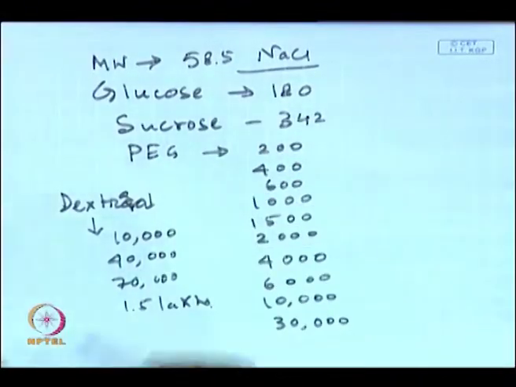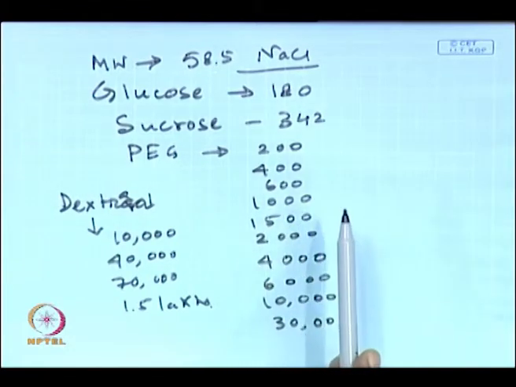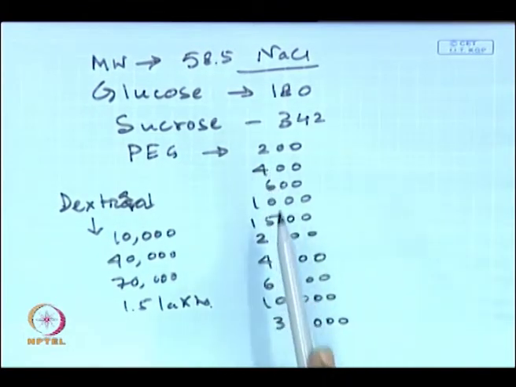That is why charged molecules are generally avoided in characterizing the molecular weight cutoff curves. We generally use neutral solutes like glucose, sucrose, polyethylene glycol, and various fractions of dextran, and so on.